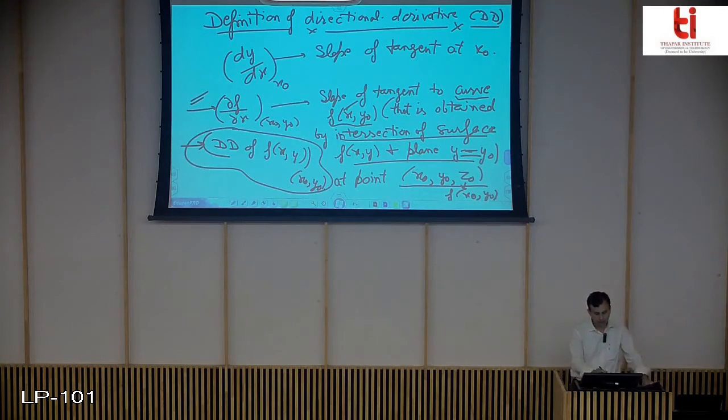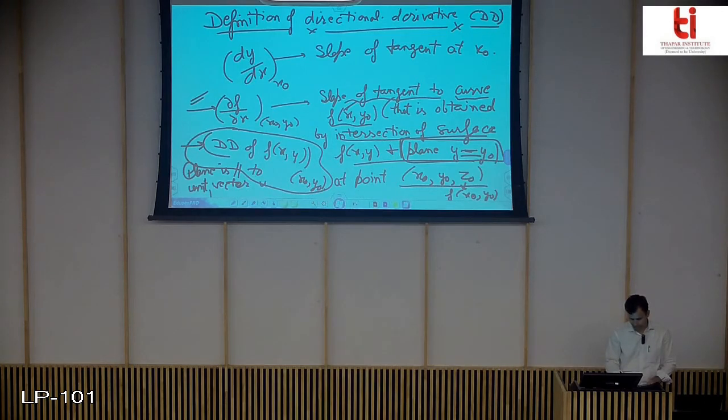So the directional derivative will also give you the slope of the tangent to the curve, but here the plane will not be y equals y0. Here the plane is parallel to the unit vector u, passing through (x0, y0). So the only difference for the directional derivative is that the curve will be obtained from the intersection of the surface with the plane that is parallel to that unit vector u.